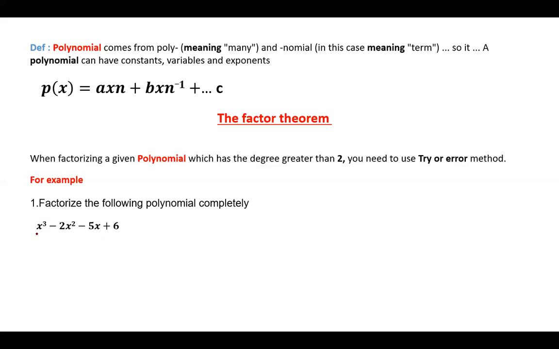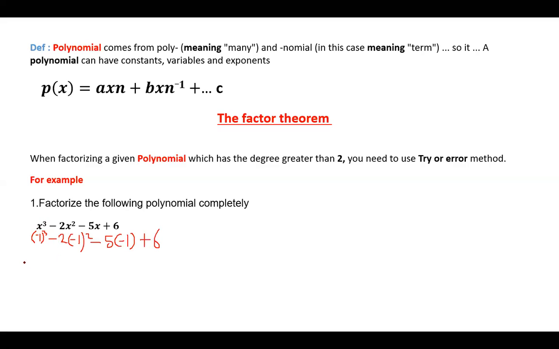When we put -1 there, we raise -1 to the power 3. This is supposed to be in brackets. Then minus 2, and -1 to the power 2. And then minus 5, where there's x we put -1, and then plus 6.